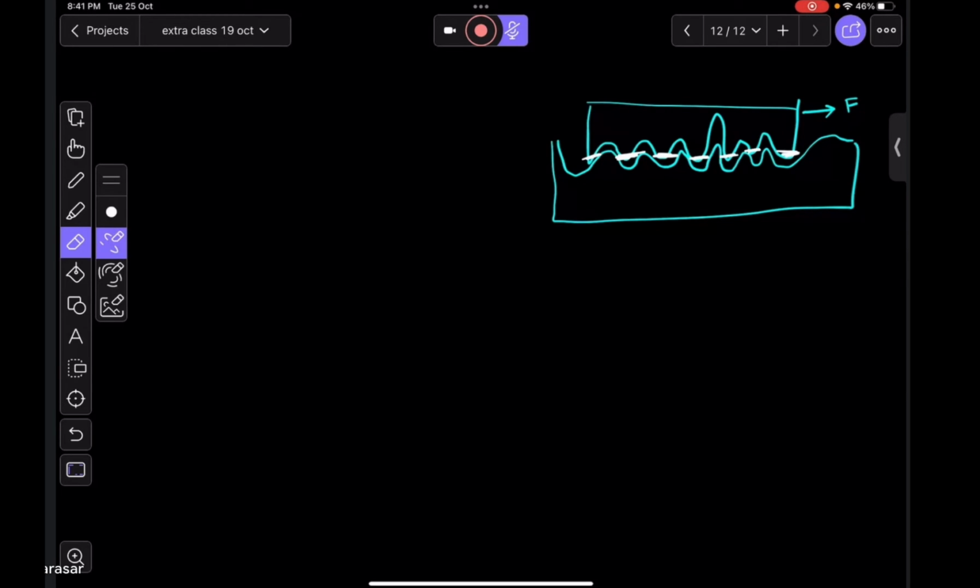Now, suppose I keep two surfaces more pressed into each other, correct? In that case, what will happen? The interlocking will become more effective or not? So we can say the more the surfaces are pressed into each other, suppose I press my two hands with more force towards each other, it will become more difficult to have relative motion.